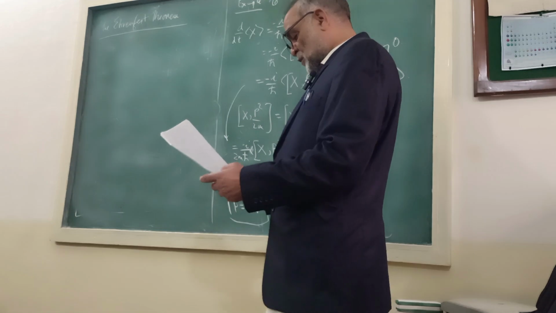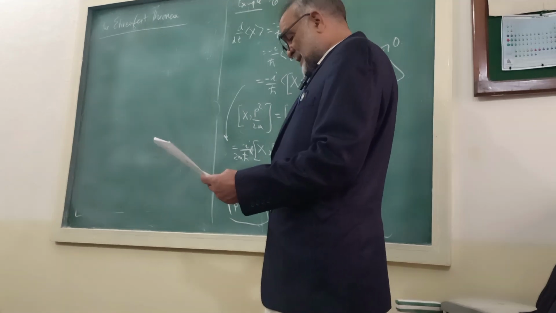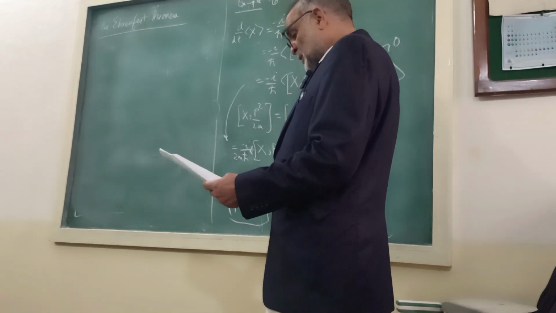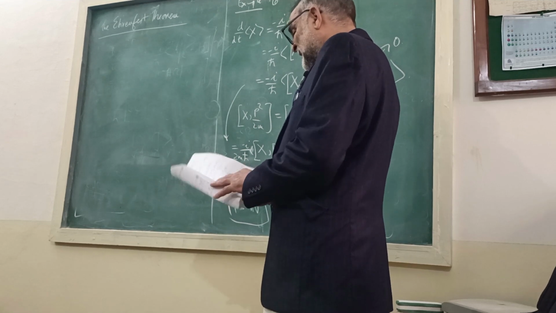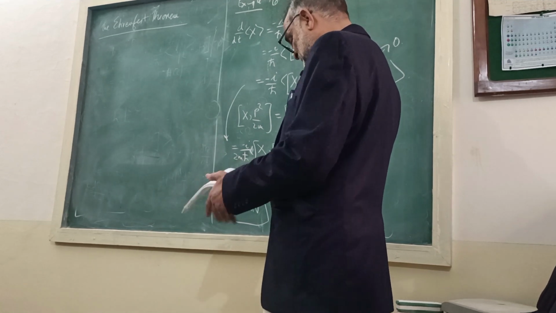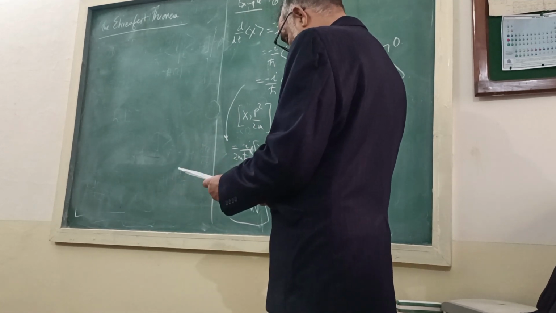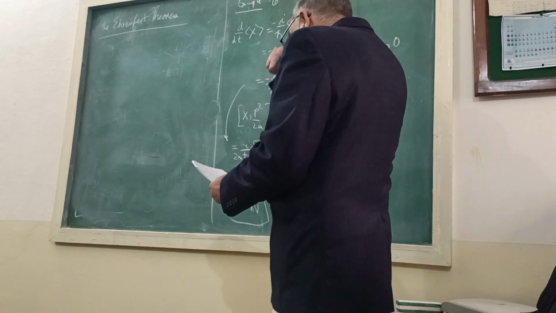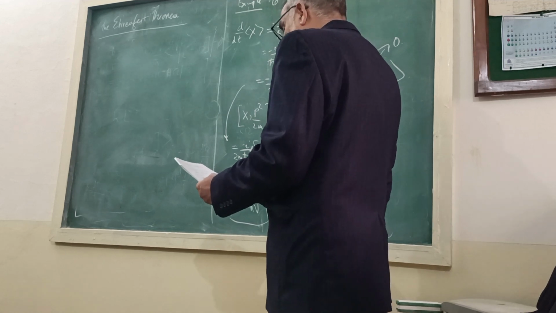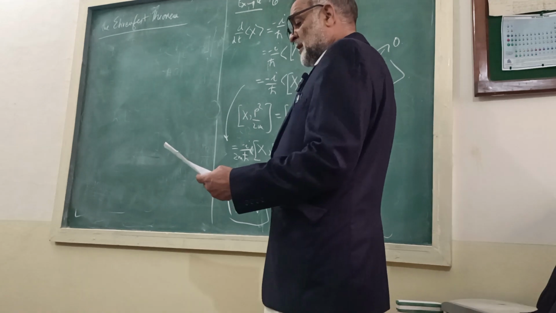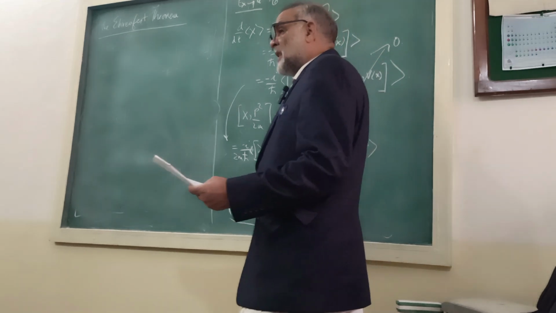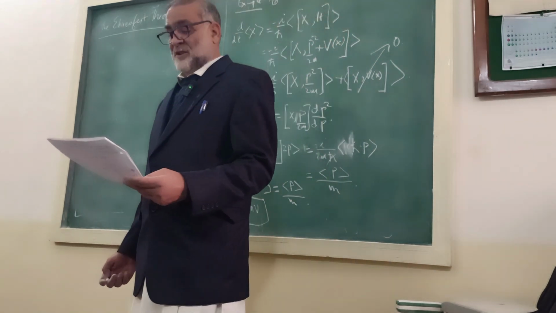I will give you a homework. What if you want to take its commutator for omega equal to p? What should be the situation?